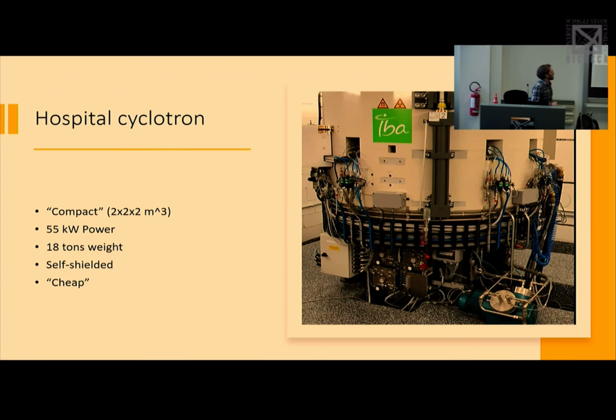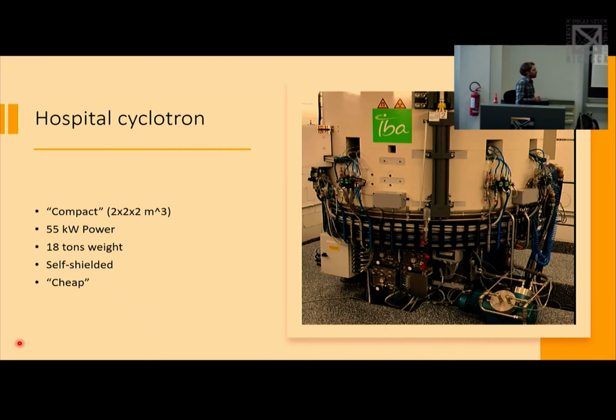Nowadays, you have these kind of devices here, which, I don't know, like in Milan, there are 10 of them in many hospitals. They are compact, so they use like 2 cubic meters, 8 cubic meters. They don't draw too much power. They are pretty heavy, especially because you have this shielding, because you have particles traveling around and bombarding things, so everything gets radioactive. So they have very big covers made of lead and water to absorb different kinds of particles.